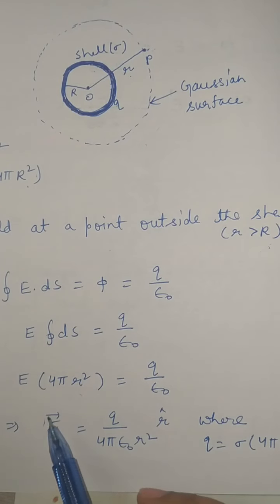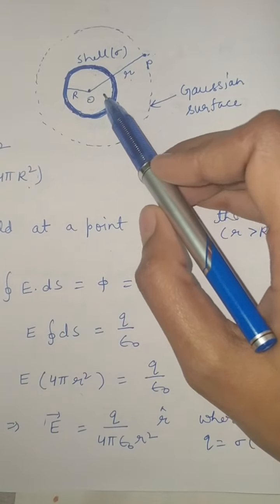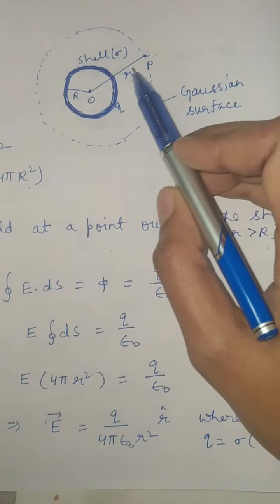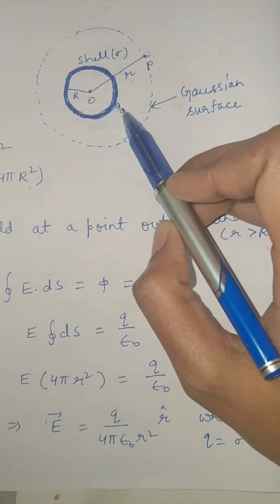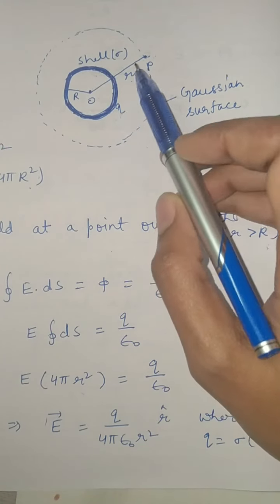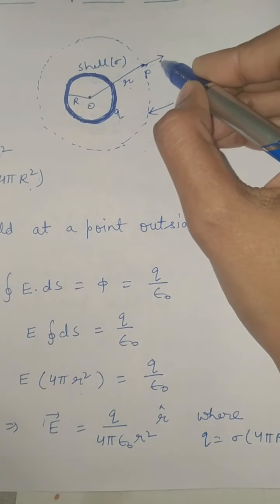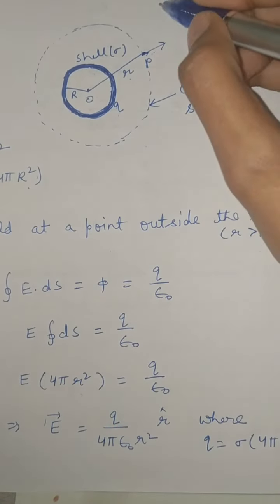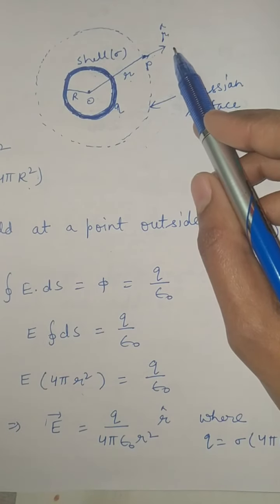In the vector form, we will put a vector over E and we will place a unit vector r. This unit vector will be radially outward or inward depending on the charge of the shell. If the shell is positively charged, then the electric field will be in the outward direction, because this will be the direction of the unit vector.